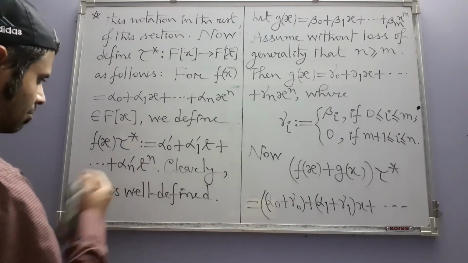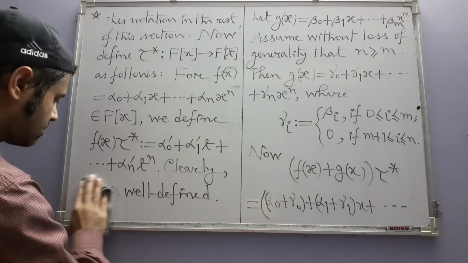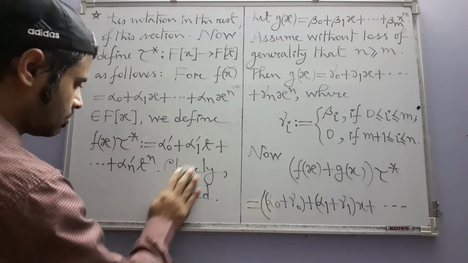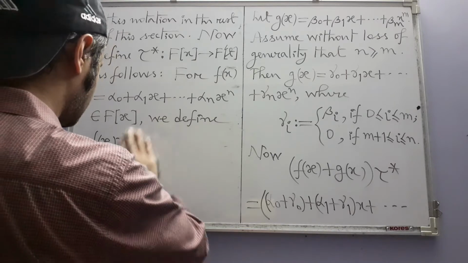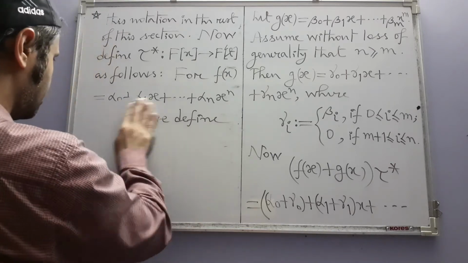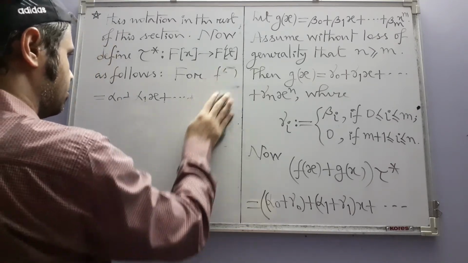We can remember what tau star is or what its definition is. Replace every coefficient by its image under that original function tau.